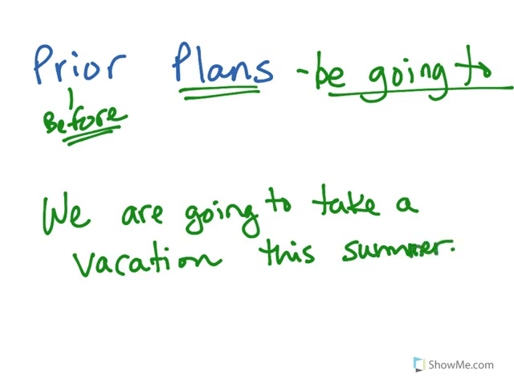Most of the time, I think about a vacation, I plan it, I do research, I make reservations, I just have to take time off work, decide when I'm going. So that's going to be an example of a prior plan. And that means I want to use be going to instead of will. So I wouldn't say we will take a vacation this summer. That's a little awkward. That really doesn't work. So the preferred form here for prior plans is be going to.